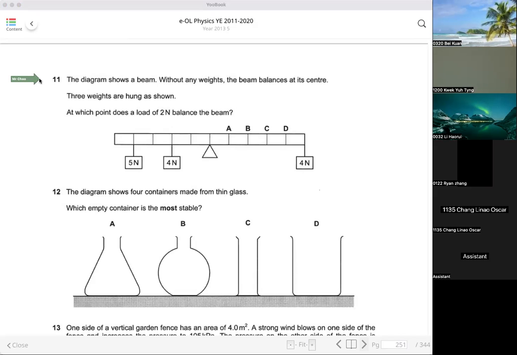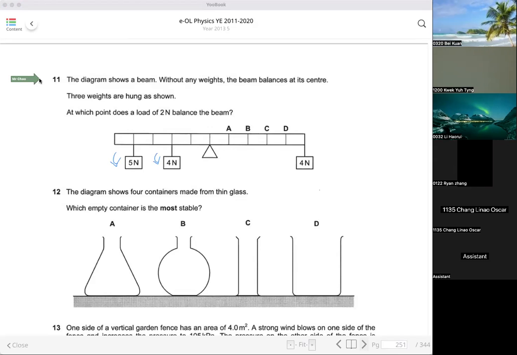Okay, I have my answer. Pei Kwan, try again. Huai Xing, well done. Yiting, well done. Hao Rui, well done. Oscar, well done. Ryan, well done. Pei Kwan, try again. So this 5 Newton and the 4 Newton will give anti-clockwise moment.